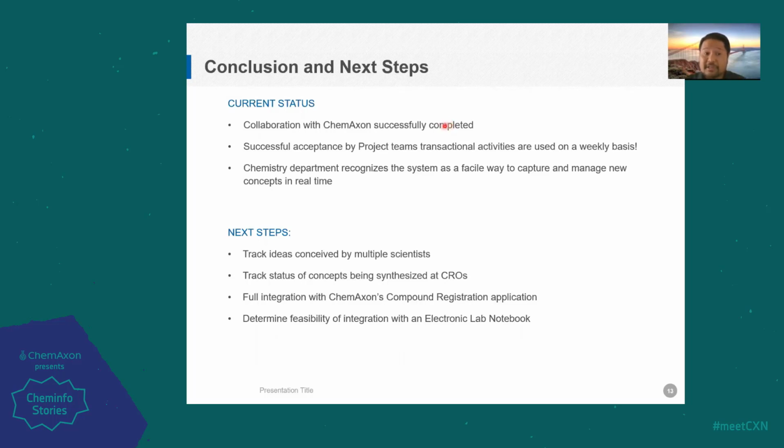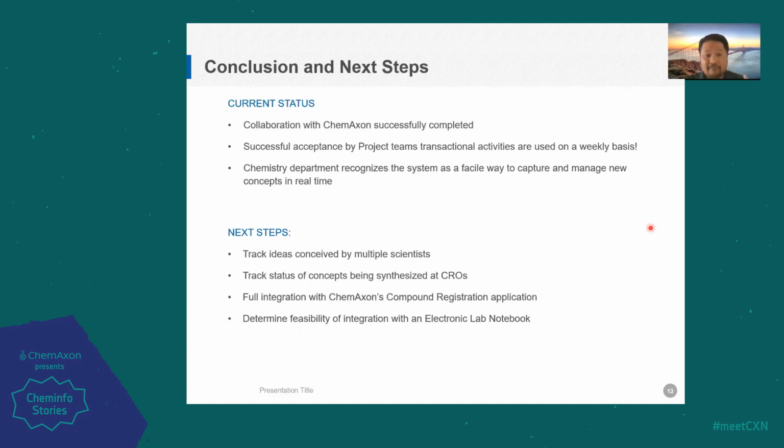So the next step that we're thinking about for this application is we need to track ideas conceived by multiple scientists. As we mentioned, normally they would get together on a weekly basis, and if a concept or an idea for a particular structure or compound gets proposed by everybody, then we need to be able to capture that. We want to be able to track the status of the concepts being synthesized at our CROs, and that would be a great plus.